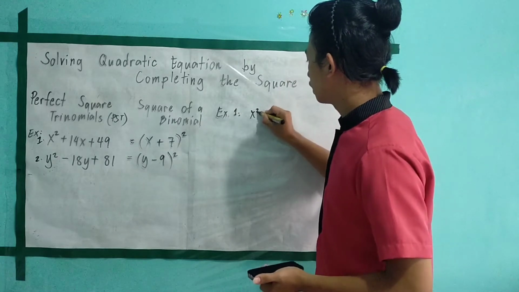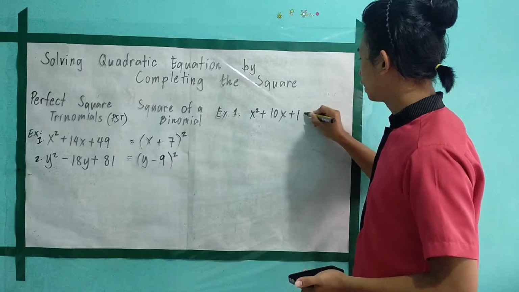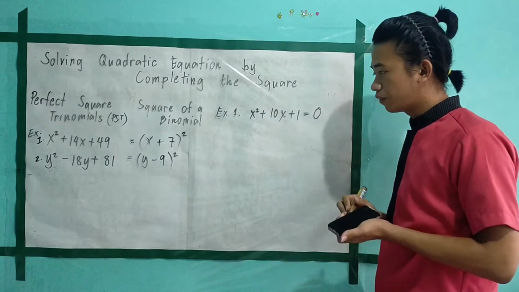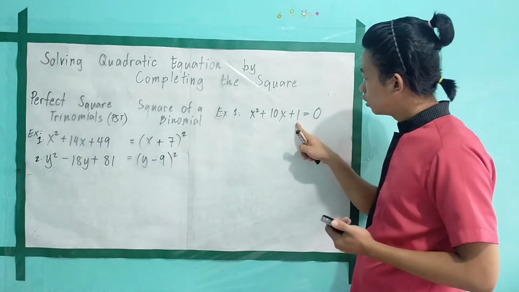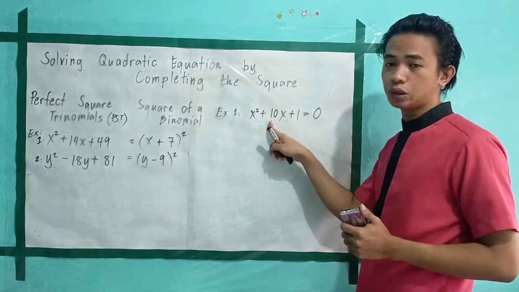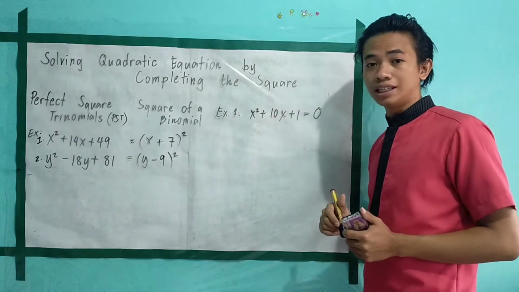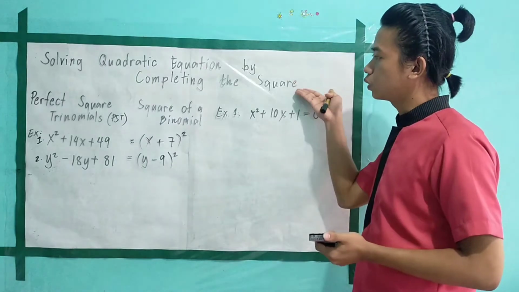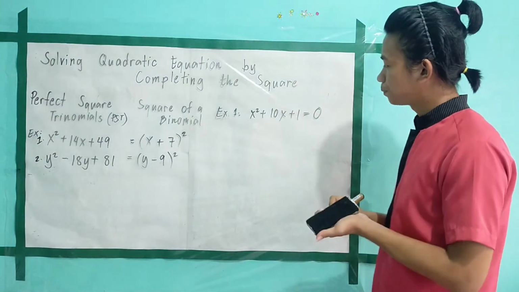We have x squared plus 10x plus 1 is equal to 0. Factorable ba siya? No. Bakit? Yung constant natin, walang factor na sum is equal to 10. That's why, meron tayong completing the square. So, dito na ipapasok yung ating lesson. Okay? So, paano nga ba ito?